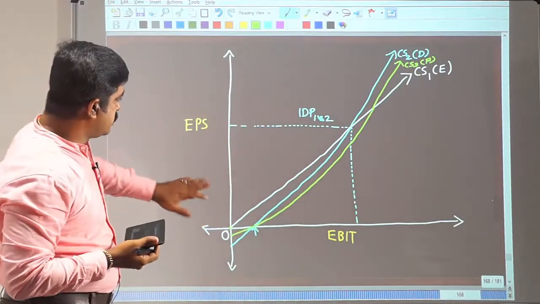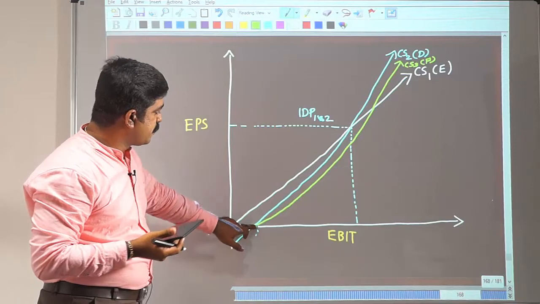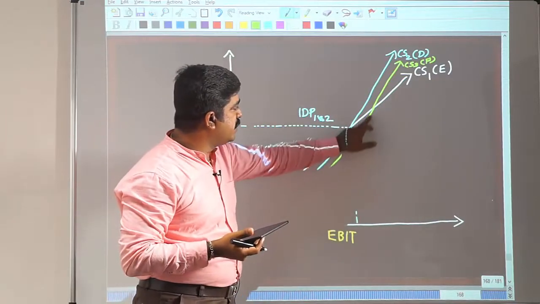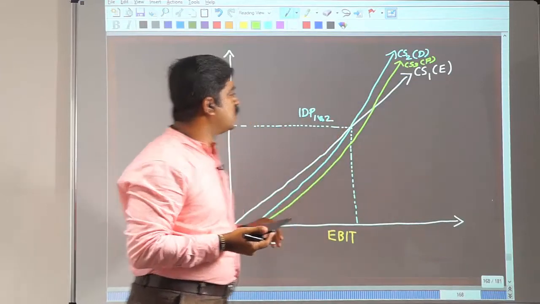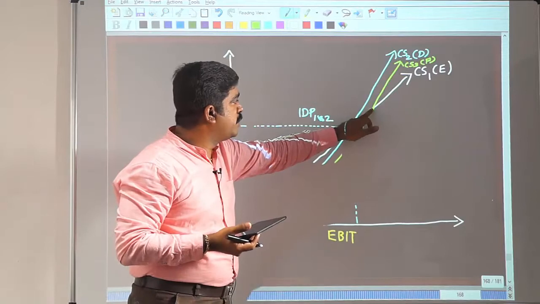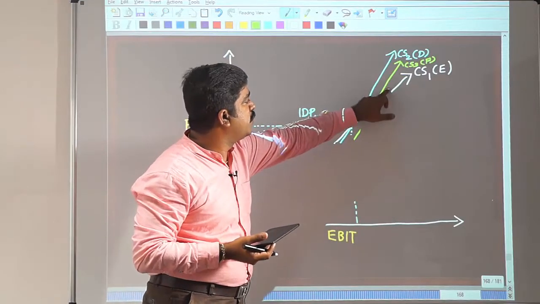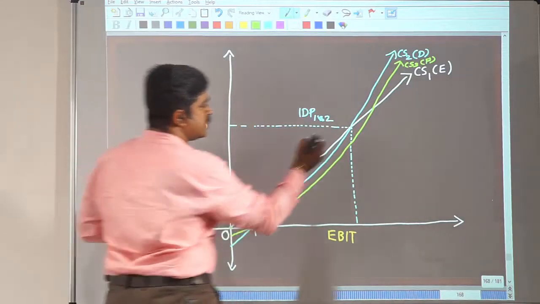So if you look at this diagram, it increases and finally it touches the equity at one particular point, and beyond that the EPS from this preference share capital will become greater than the EPS from the equity option, but still it will be lesser. So we have to recognize this point.